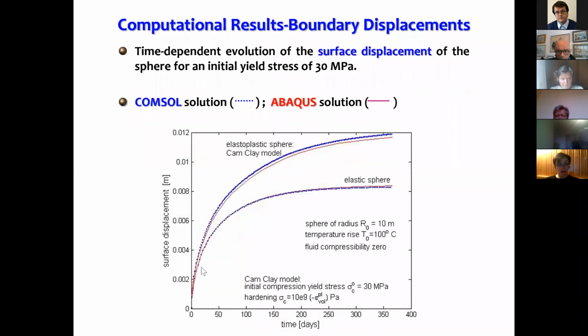And now we compare the results between the elastic sphere and the elastoplastic sphere. So you can see the surface displacements are slightly larger in the elastoplastic case, where the plastic deformations take place, and the elastic deformations are slightly lower than that of the elastoplastic sphere.